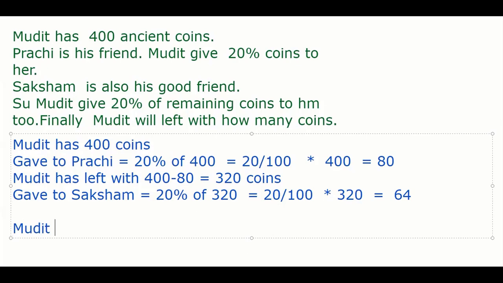Finally, Mudit is left with, very good, Mudit, 320 minus 64. How much will be left? 256. That's the correct answer. Very good, Mudit and Asta and whoever got it right. Yes, Prachi. Got it, sir. Shlok, it is not 240. It's 256. Any question, anyone?